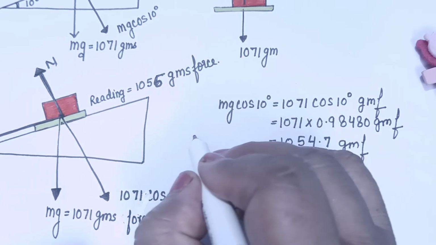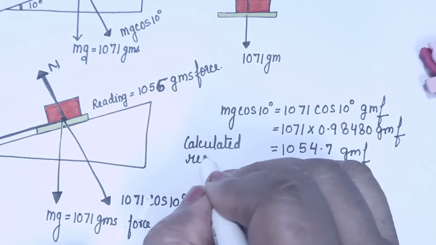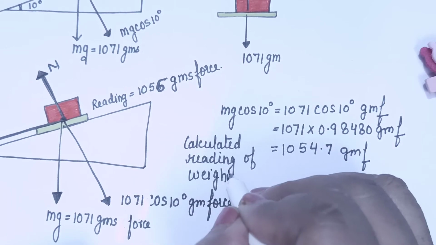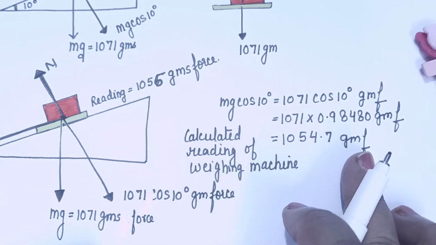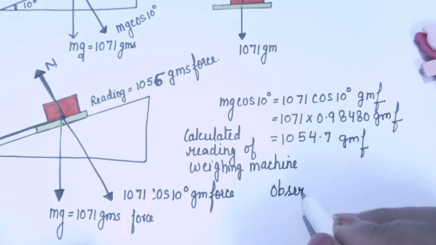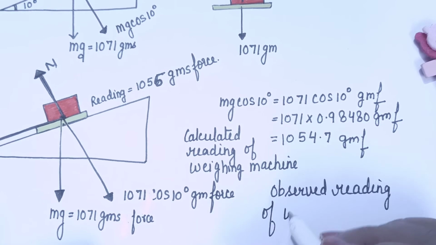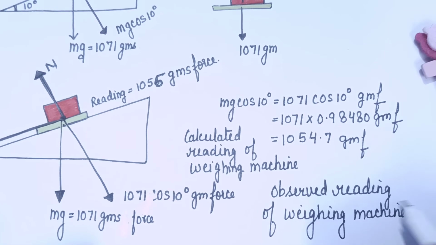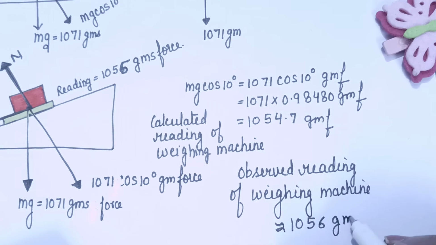This is the theoretical or calculated reading of the weighing machine, 1054.7 gram force, and the observed reading of the weighing machine is 1056 gram force approximately.